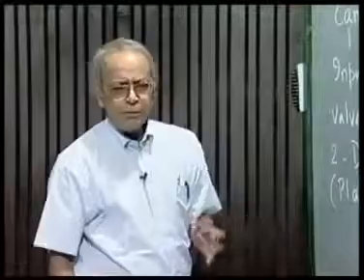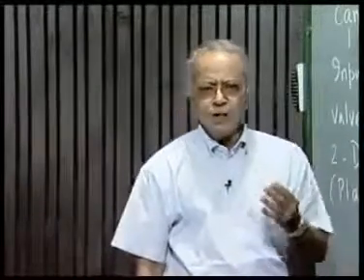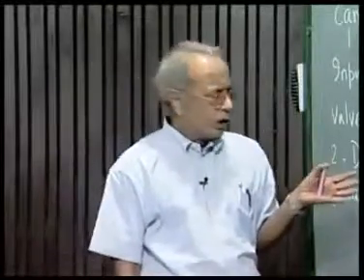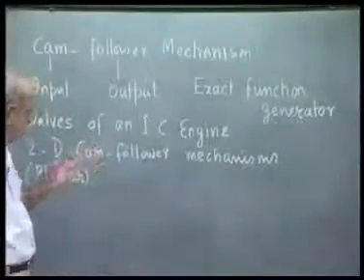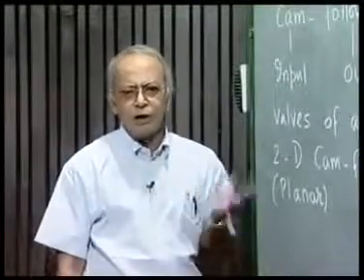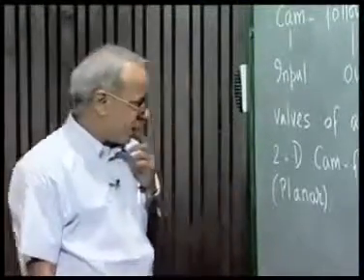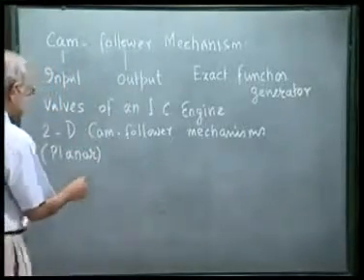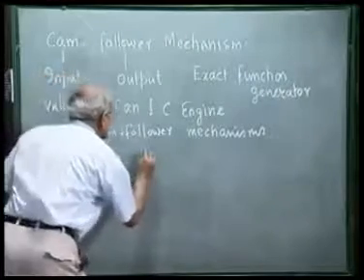That means all the points of this mechanism will move in parallel planes. So a single view, a projected view along the line perpendicular to the plane of movement, can give you the true movement of all the points of the mechanism. So for these 2D cam follower mechanisms, we start our discussion with classification.